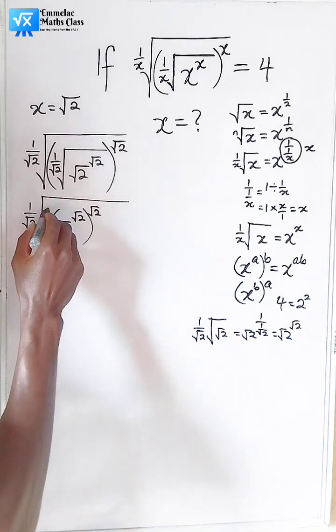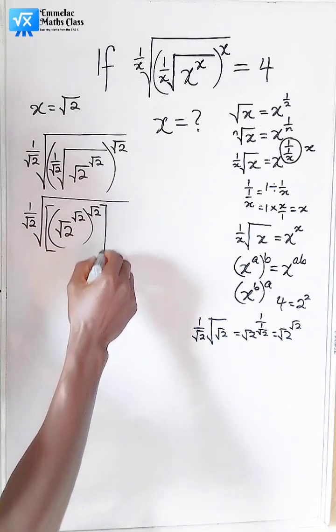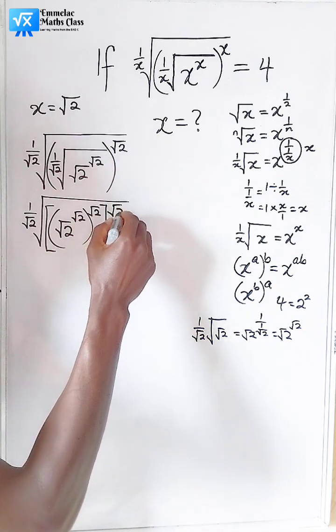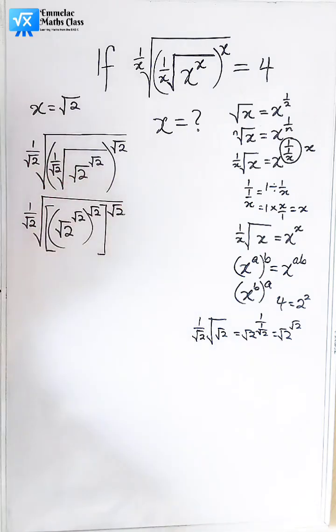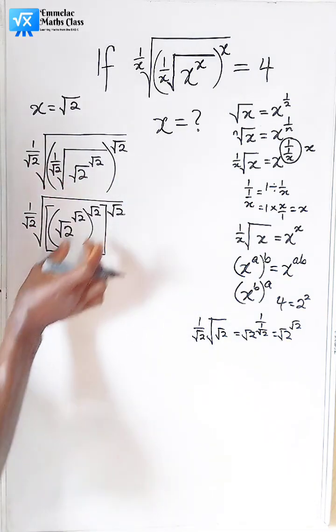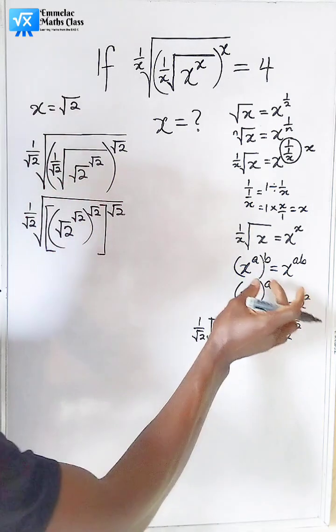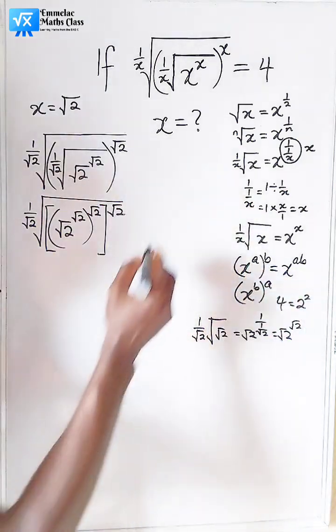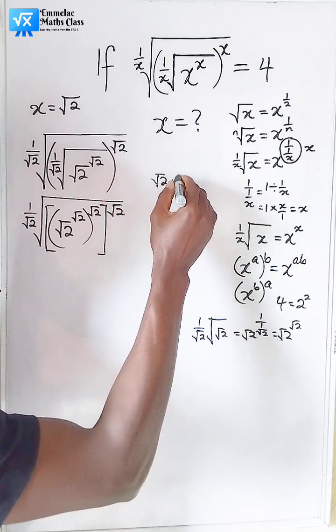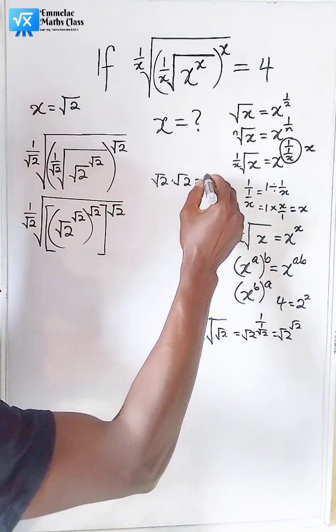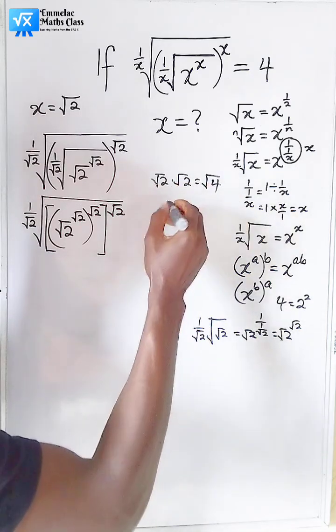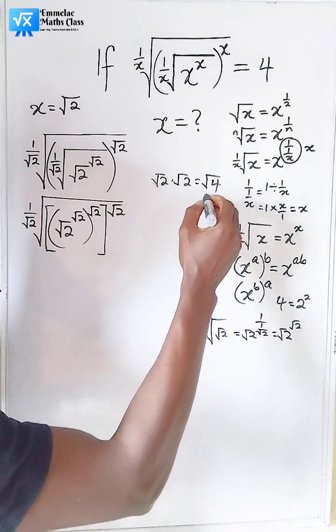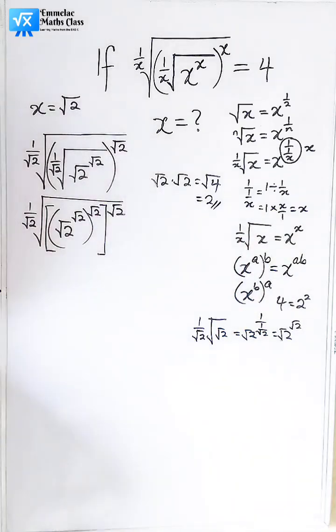Now take note, then the square root of 2. Okay, all right, so here we can now multiply. According to this rule here, we multiply, and we know that the square root of 2 times the square root of 2 is the same thing as the square root of 4, which will actually give us 2 as the final answer.